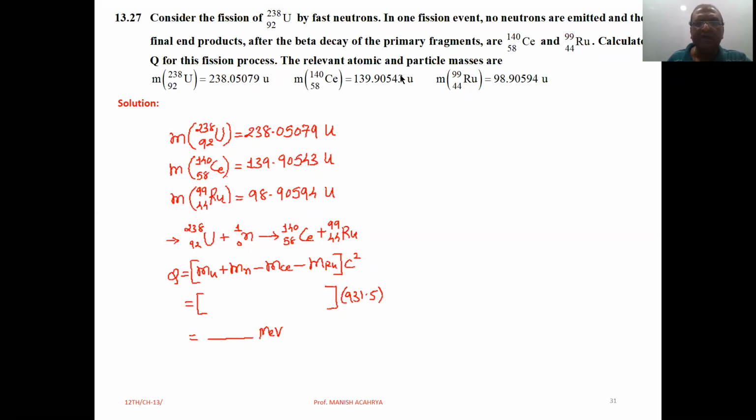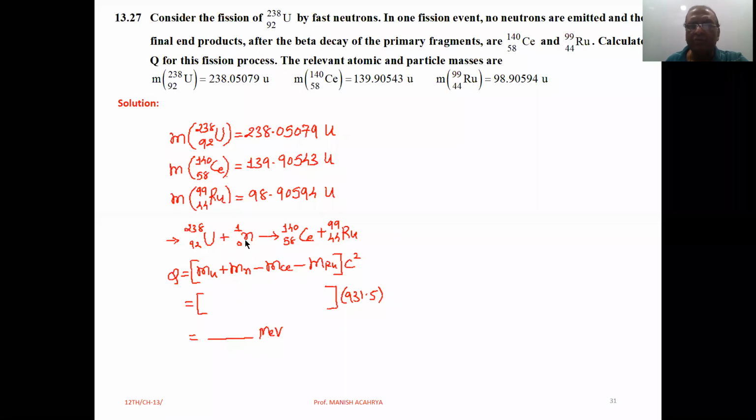The relevant atomic and particle masses are given to you. So here atomic masses are given to you for these elements. Now first of all list out the mass of 92U238, this much U. Then atomic mass of 58 Ce140, this much U. And mass of 44 Ru99, this much U. Okay. So prepare the reaction.